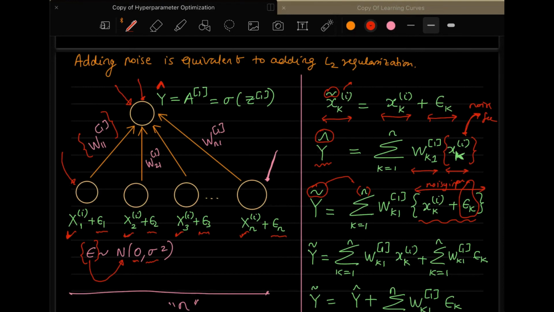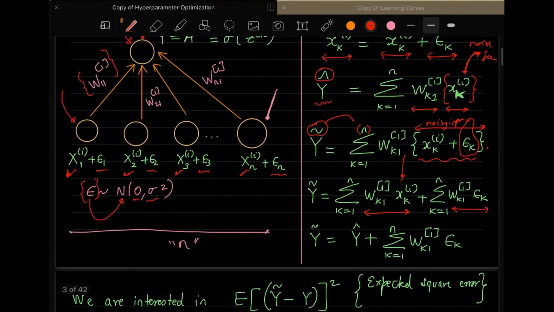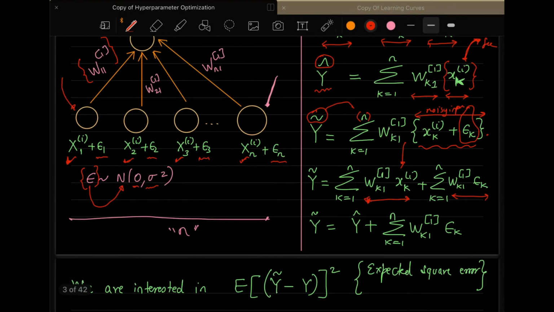So when you have this, you can write it in two parts, this one and this one. It's easy, right? And this part, you can write as y hat, where y hat is the original output due to the noise-free inputs.